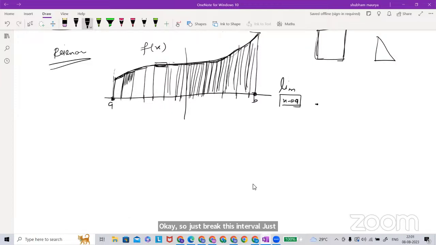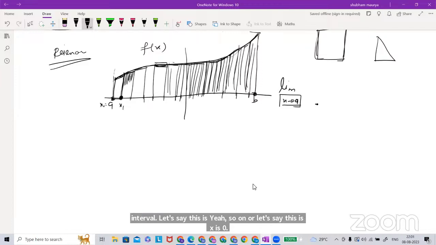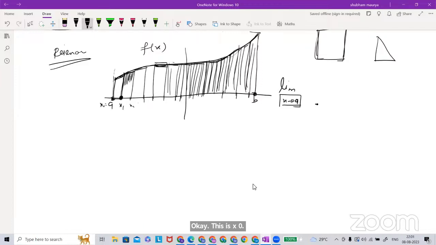Take here the right side of this interval. You break this interval. Let's say this is x0, this is x1, this is x2, and like this you keep breaking, and let's say this is x(n-1), and this is xn, which is b here.